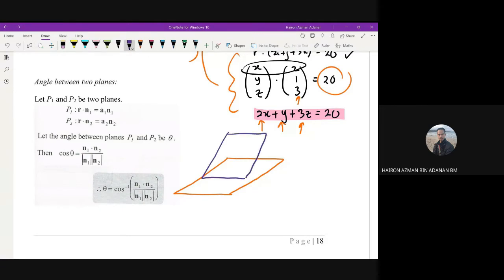This is your second plane. So how to get the angle between the planes? If you understand, the angle is this one. This is the angle that we want, theta. It looks a bit messy. I hope you understand where the angle we want to find is.